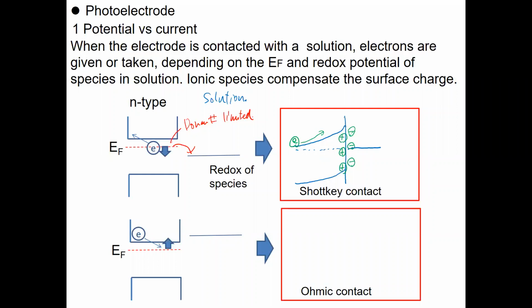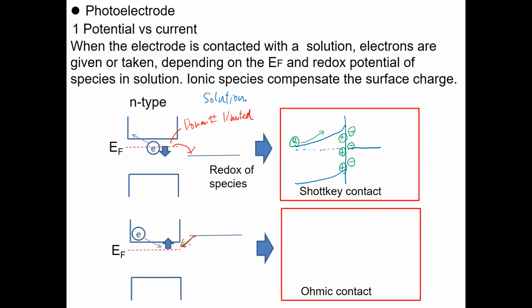So in this case, since this one is higher, electrons are given to this from the redox species. And then the band gradually becomes higher.